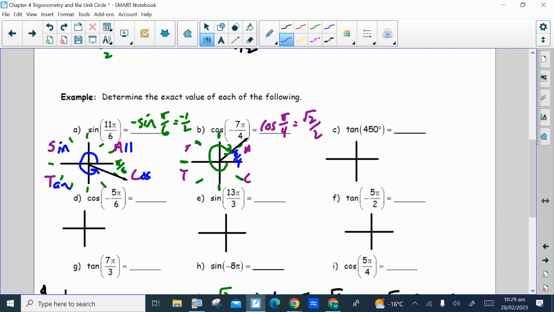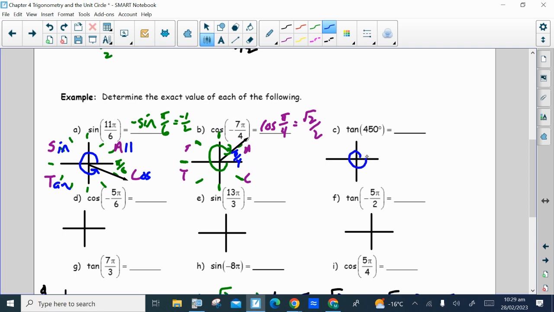The next one, we want to do a rotation angle of positive 450 degrees. So positive means we're going in a counterclockwise direction. And you should immediately recognize that's greater than 360, so you're going to go around once and then some more. Once around in a positive direction takes us to positive 360.